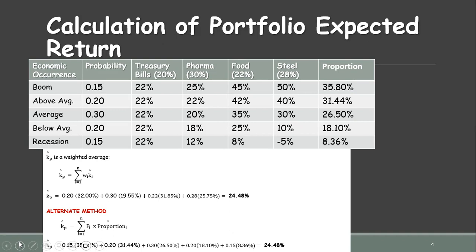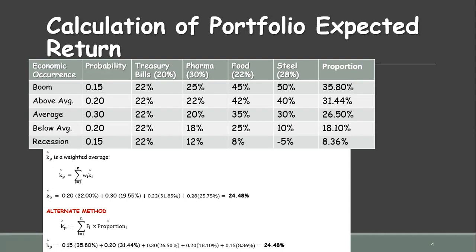If we say that the trading investment is 20% of the portfolio, for example, I have invested 1,000. Out of 1,000, 200 is invested in trading bank. In case of pharma, it's 30%, which means out of 1,000, I have invested 300 rupees in pharma.